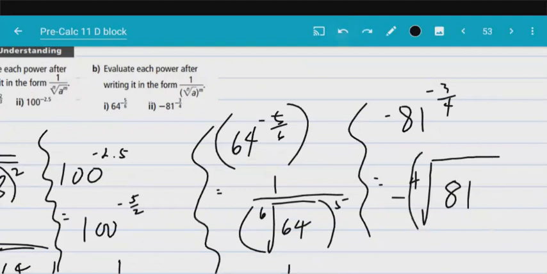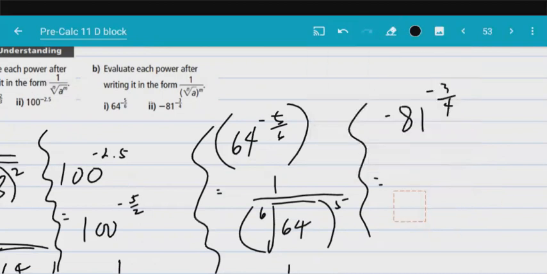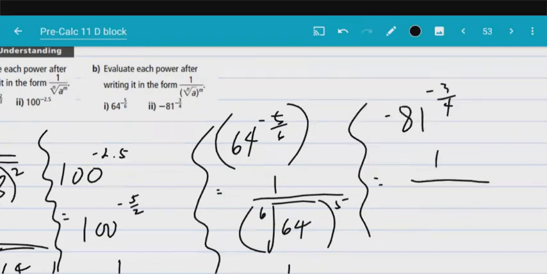Let me rewrite this. Now I'm messing it up. There should be a 1 on top. I need this to have some space. It should be 1 over the negative of the 4th root of 81. So whatever that is, you're going to cube it.